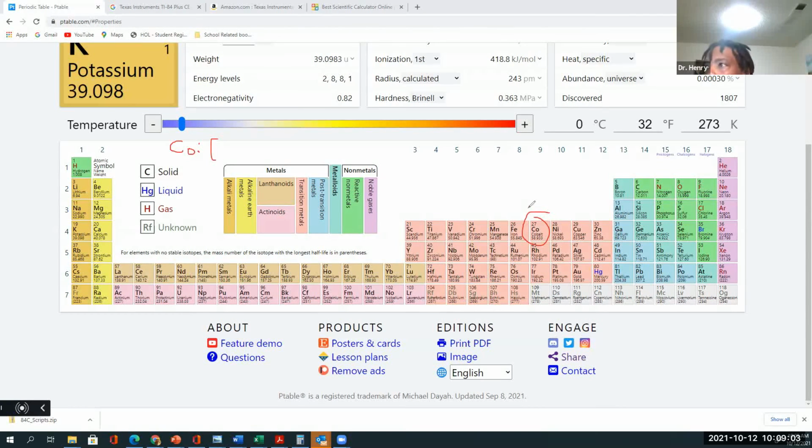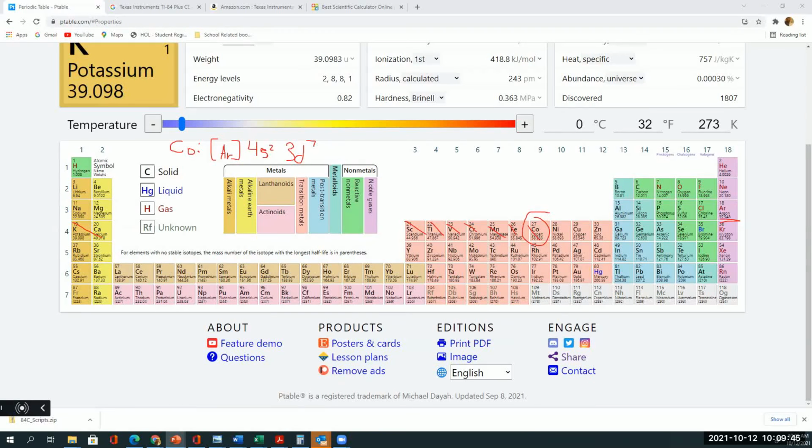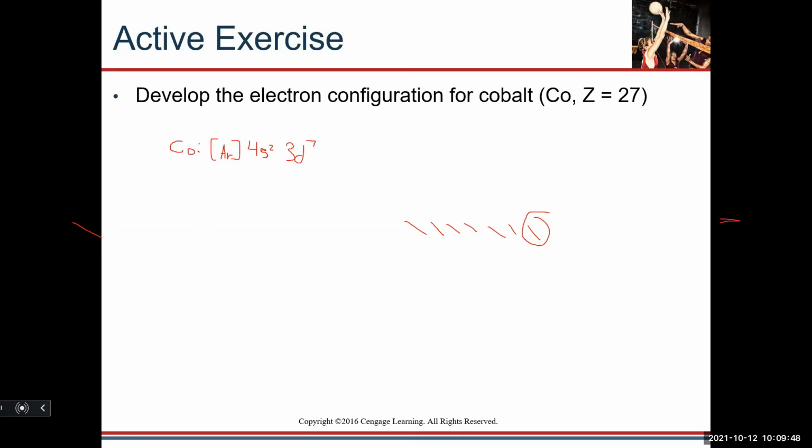Here's the noble gas before cobalt: argon. Then 4s2, 3d7. 1, 2, 3, 4, 5, 6, 7. Okay. That's it. Not too hard.